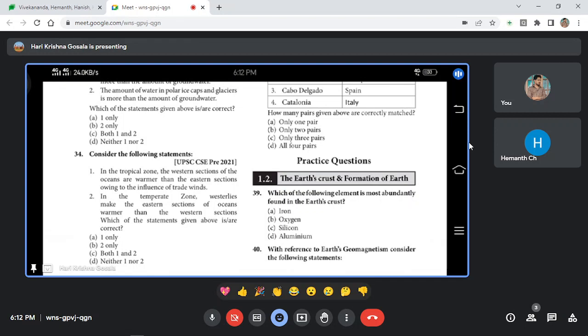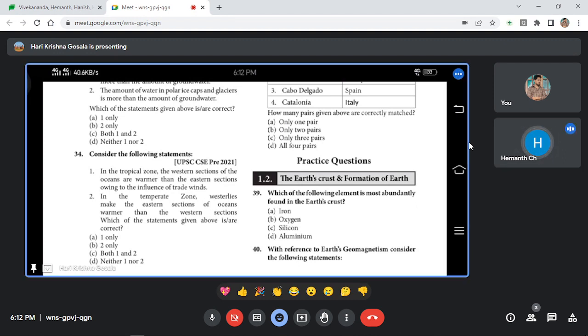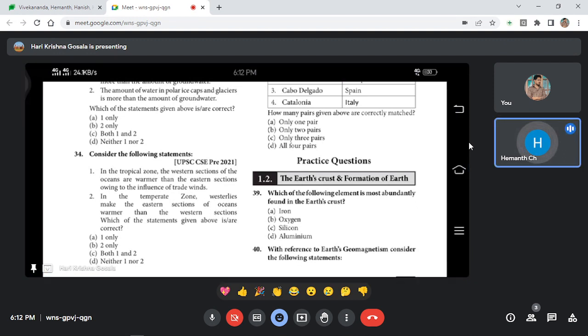In the tropical zone, western sections of oceans are warmer than the eastern sections owing to the influence of trade winds. Okay, first one. In tropical zones, the western sections are warmer than the eastern sections, owing to the trade winds.